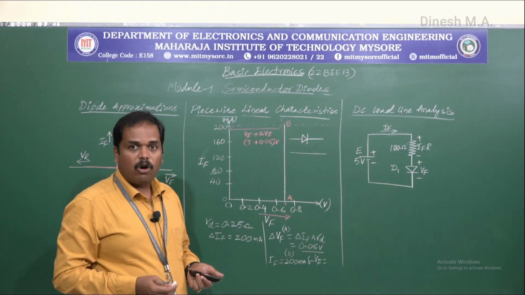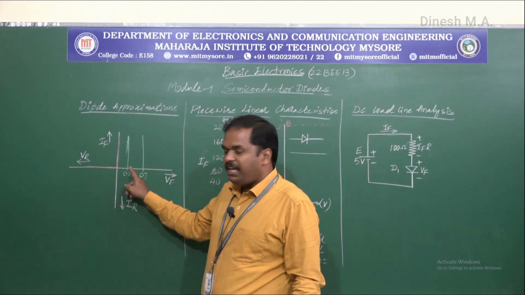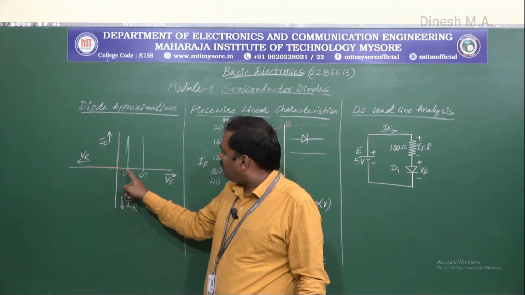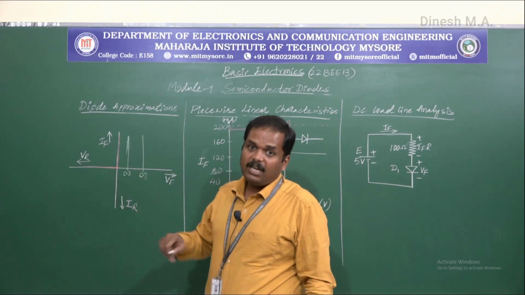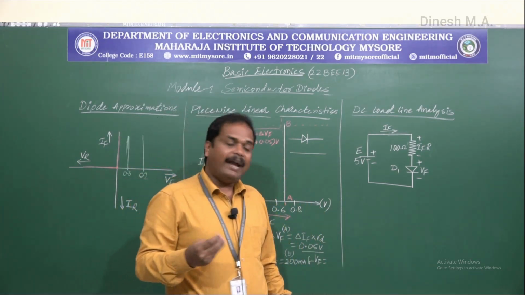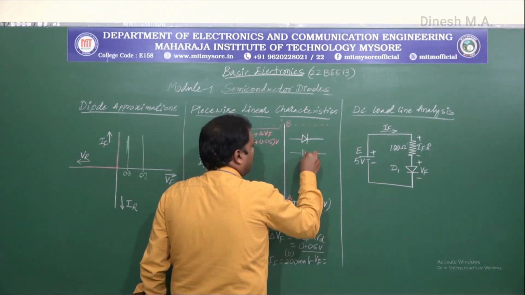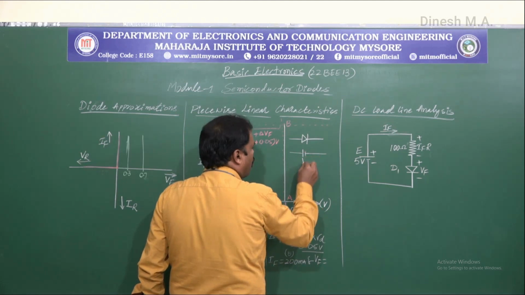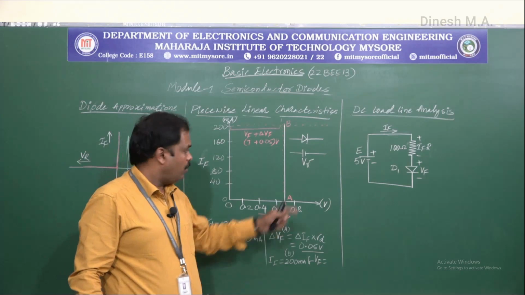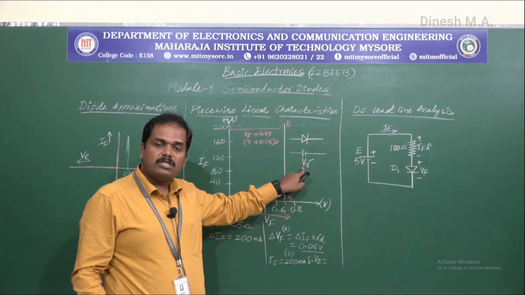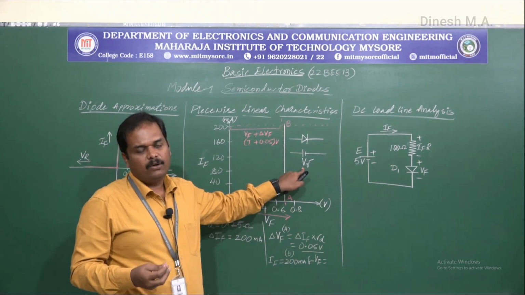But ideal diodes are not available. Nearby ideal diodes are what we are considering, and with the nearby ideal diodes there will be a small forward voltage drop, right? So any nearby ideal diode will be represented with a forward voltage drop like this, right? If it is a germanium diode, this is going to be 0.3 volts. If it is a silicon diode, then it is going to be 0.7 volts.